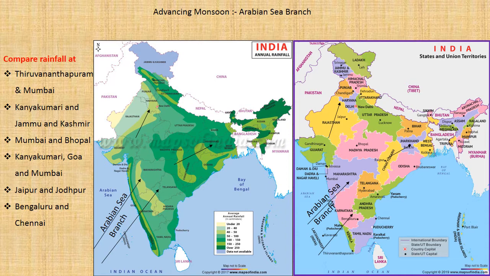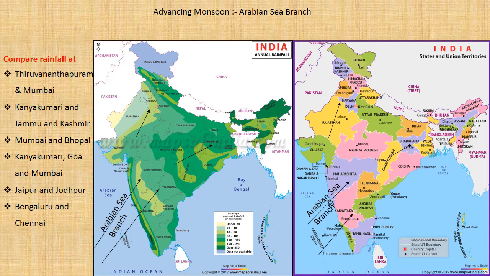Let's pay attention to the questions now. Compare the rainfall at Thiruvananthapuram and Mumbai. Thiruvananthapuram is located in the southern tip of India. It's the capital of Kerala. And Mumbai is the capital of Maharashtra.